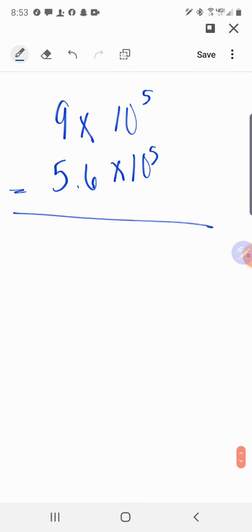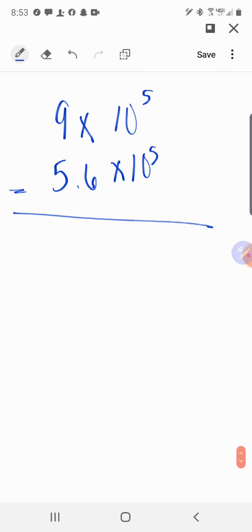The good news about subtracting with scientific notation: whenever we subtract or add in scientific notation, we must have the same base and we also must have our exponents to the same power. Currently, our exponents are to the same power of 5 and our base is the same at 10.